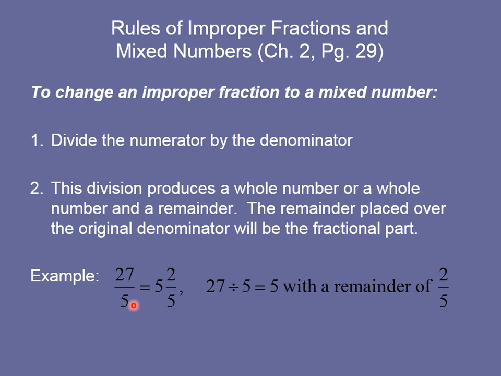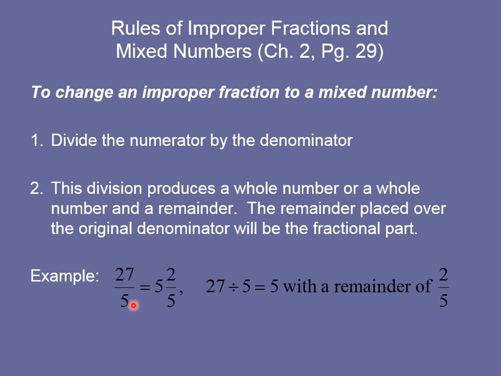So your quotient goes as a whole number, okay, and your divisor becomes the denominator, and the remainder you have becomes the numerator. Okay, that's how you will get the same number as a mixed number.